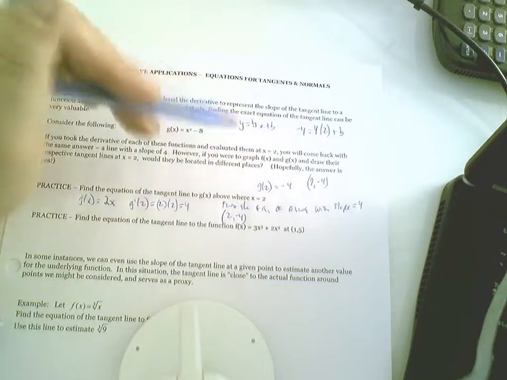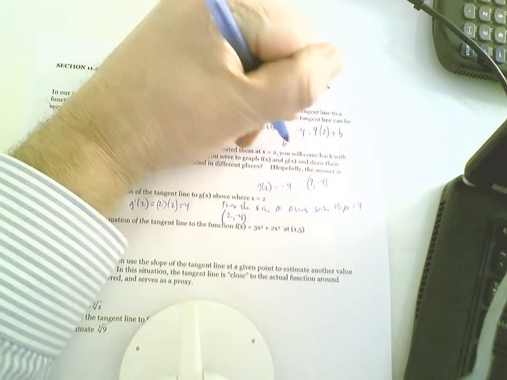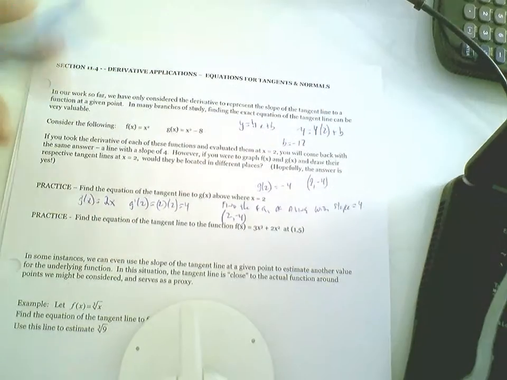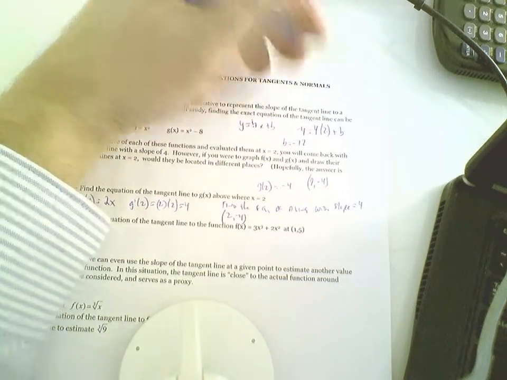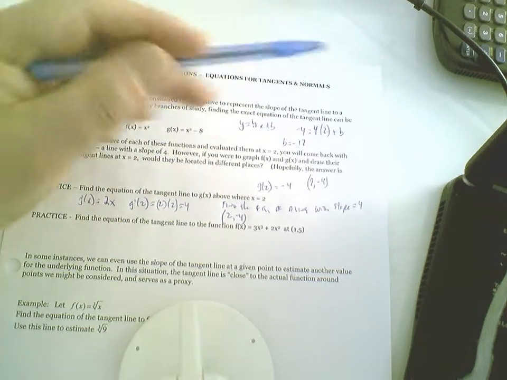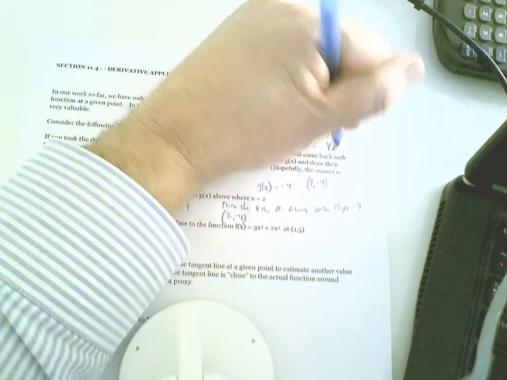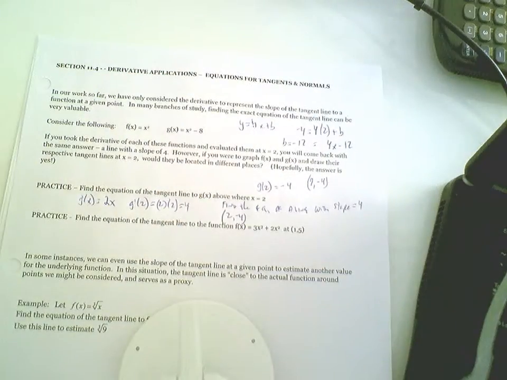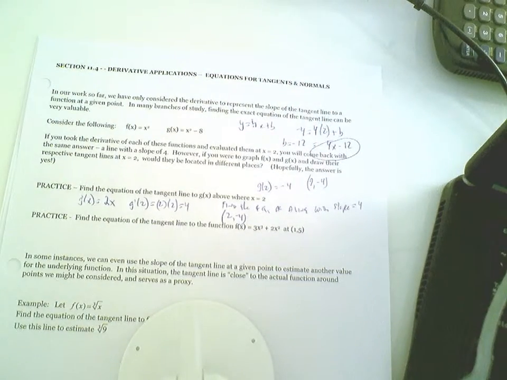Negative 4 minus 8 equals b. b equals negative 12. And our final equation, the tangent line to the curve g of x equals x squared minus 8, where x equals 2, is 4x minus 12. That's our final equation. So let's do just a couple more practice points.